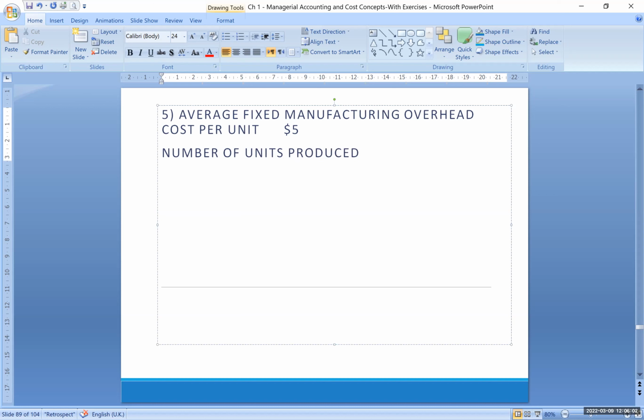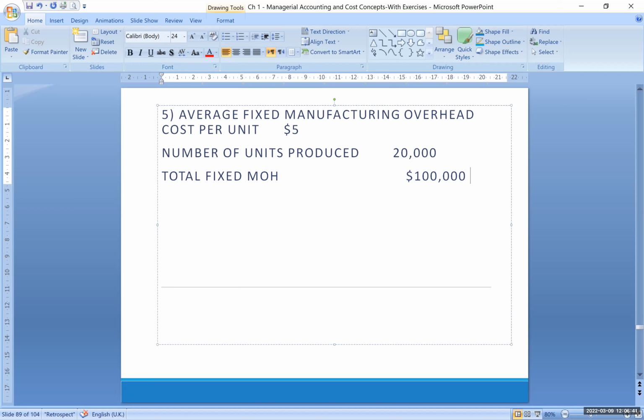Be careful here that I'm paying already for the level of 20,000 as a fixed cost, not variable cost. So I have to pay fixed expenses for this level. If I produce less than 20,000 units, I have to pay depending on the 20,000 units. So the total fixed manufacturing overhead will be $100,000 regardless of the level of the production.